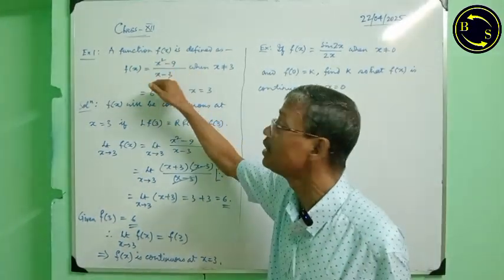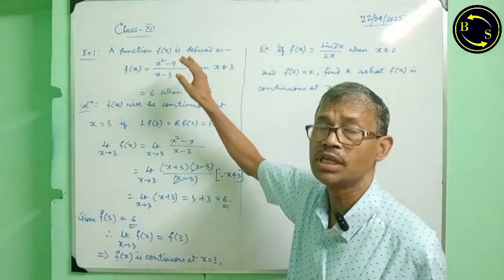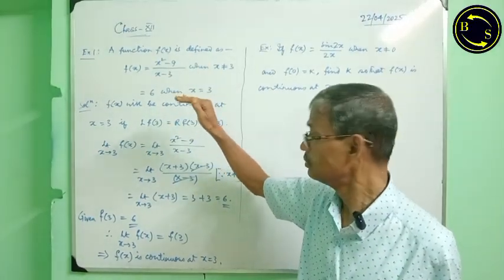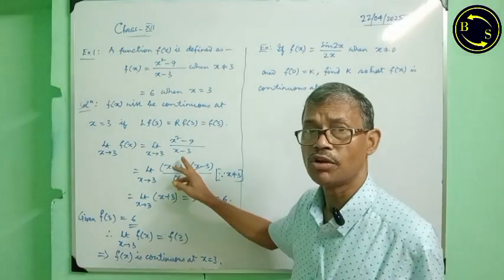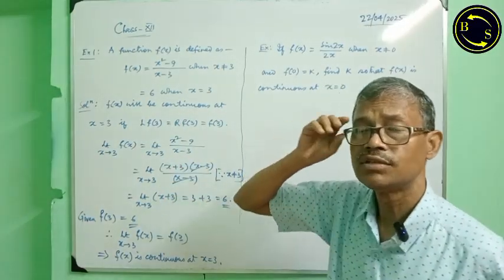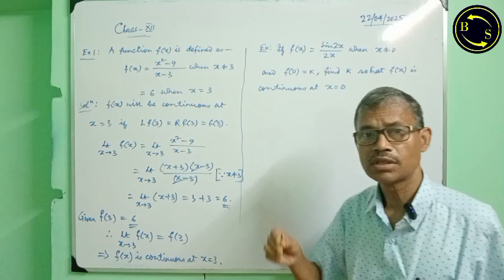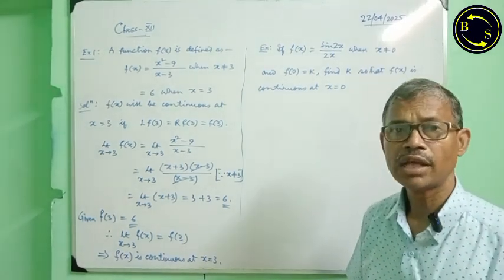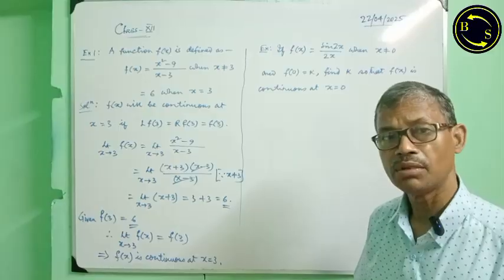Since it is algebraic form, after simplification you see, for x not equal to 3 we can cancel, and we get a polynomial function. It is discussed earlier that a polynomial function is continuous everywhere, that means for any real value of the independent variable.